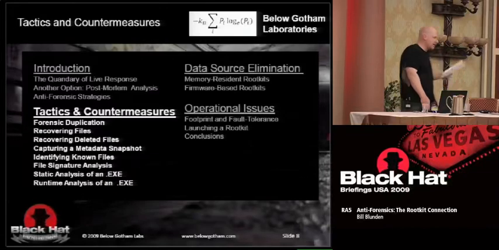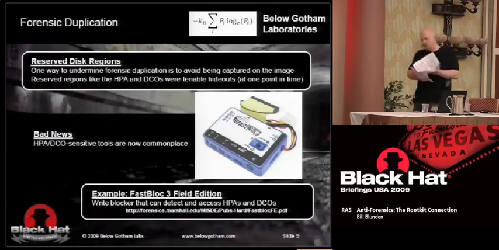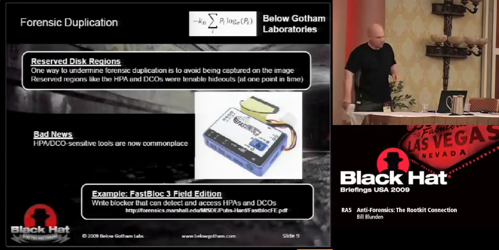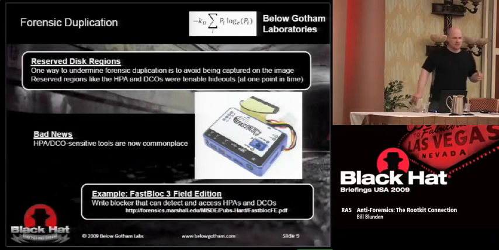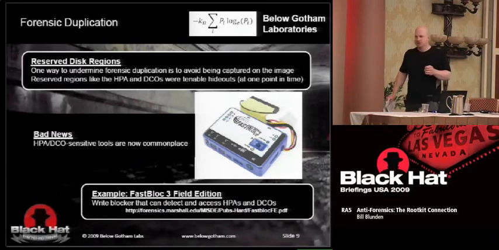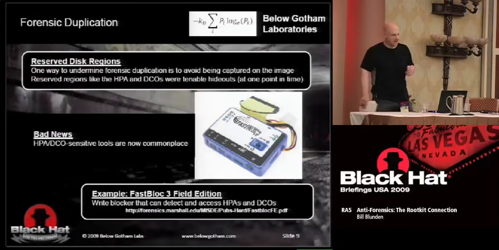Okay, so now we'll look at tactics and counter-tactics. In the old days, one way to avoid being captured as part of a disk image was to put yourself in a place where the imaging software is not going to find you.